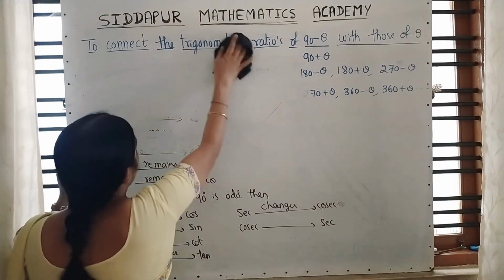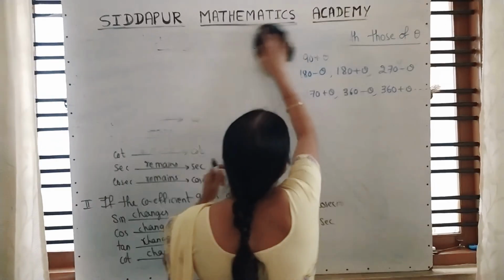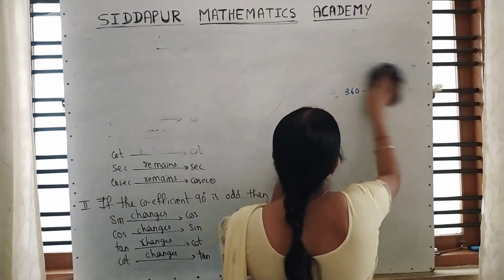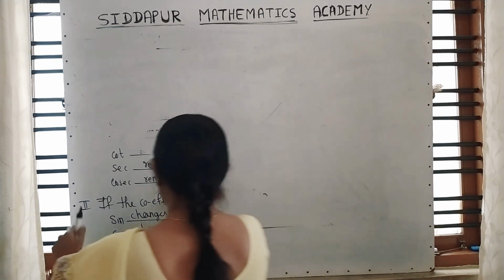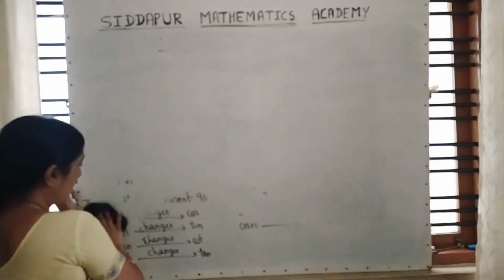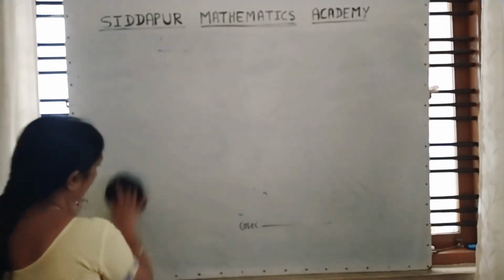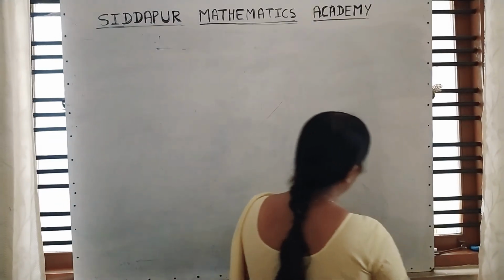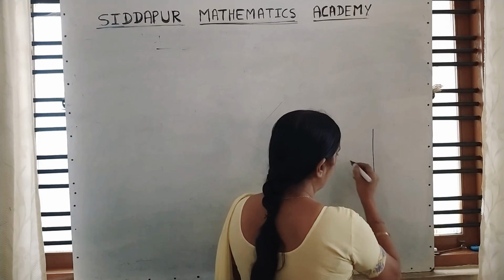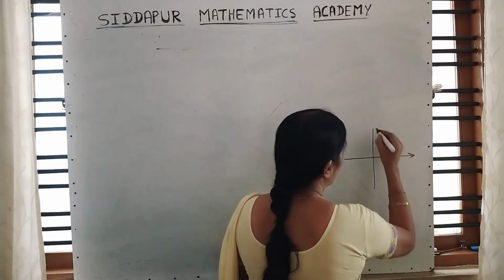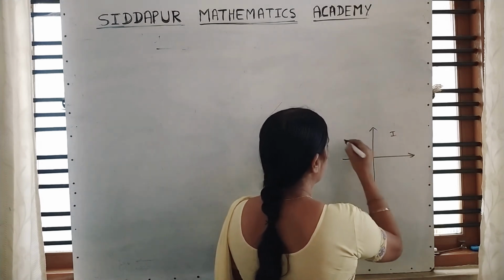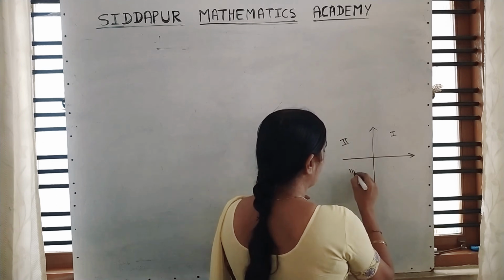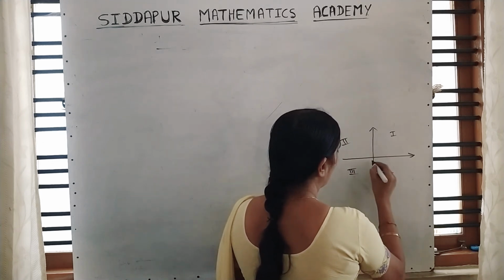First I will start with 90 minus theta. For that, you have to remember this chart, and one more thing. On the side I will draw the quadrants: this is the first quadrant, the second quadrant, third quadrant, fourth quadrant.